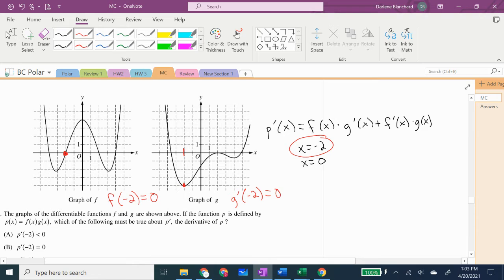So if I'm looking at p prime at -2, then g prime of -2 is 0, and f of -2 is 0. I still need more information. The derivative of f at -2 is positive.